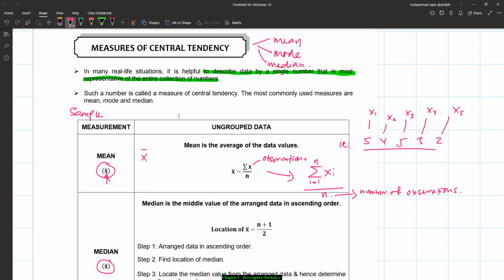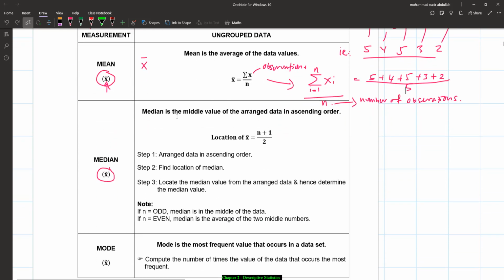Summation of xi means 5 plus 4 plus 5 plus 3 plus 2. You need to add every number in the set of data. This is very simple, and to find the mean, you divide by the number of observations, so this is divided by 5. Then you will get the value of the mean.